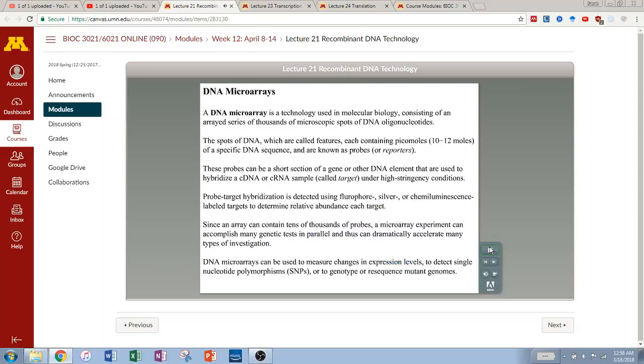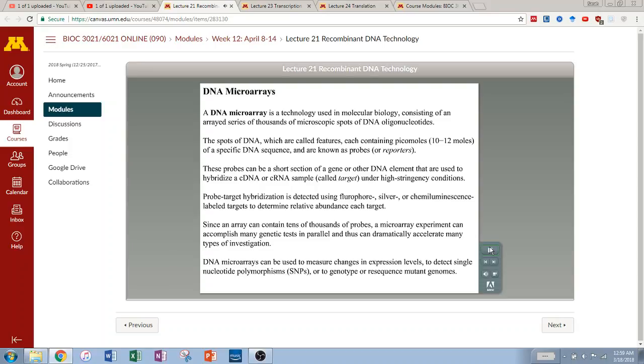DNA microarrays are used in molecular biology. They consist of an arrayed series of thousands of microscopic spots of DNA oligonucleotides. The spots of DNA, which are called features, each contain picomoles, that is 10 to the minus 12th moles, of a specific DNA sequence, and are known as probes or reporters. These probes can be a short section of a gene or other DNA element that's used to hybridize to cDNA or cRNA samples called a target under high stringency conditions.